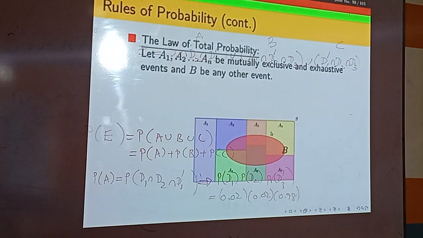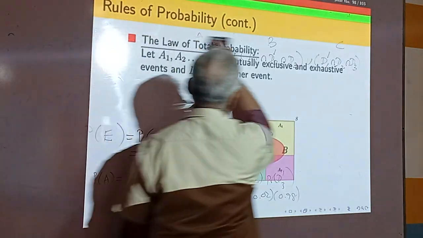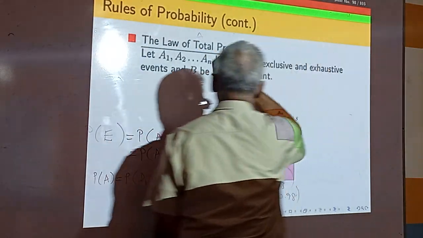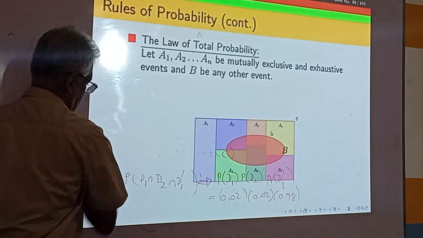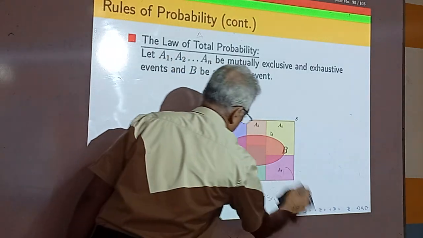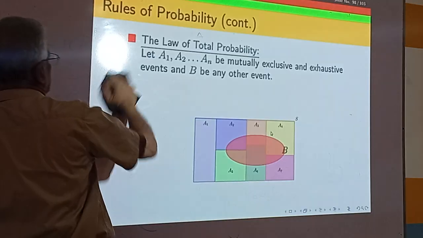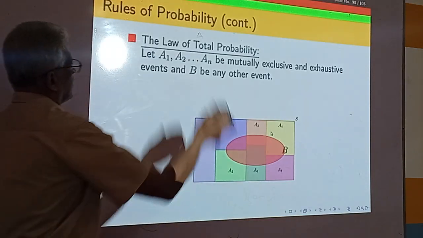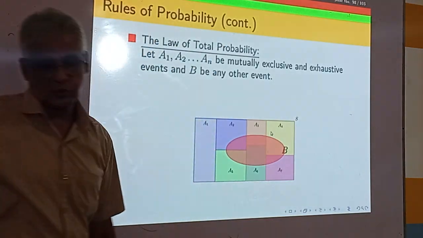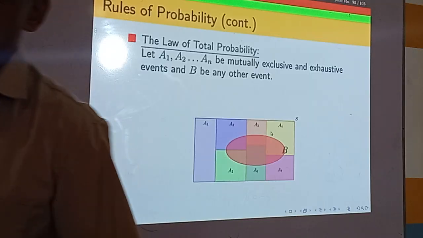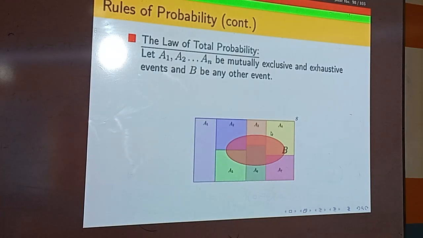Okay. Now we are coming to the last two probability rules. This one is called the total probability rule. This is applied when you are interested in one event.